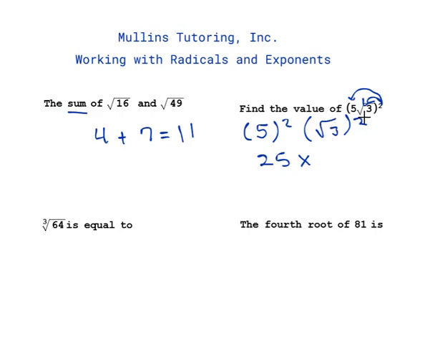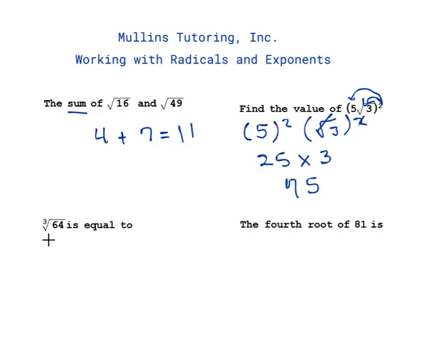Or we can look at it this way: that this square cancels this square root and we would get 3. So now we have 25 times 3, and that would give us 75.